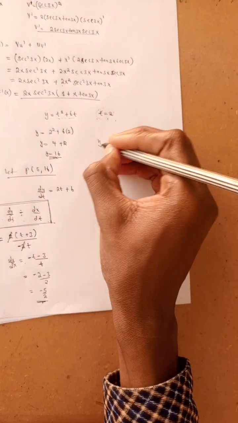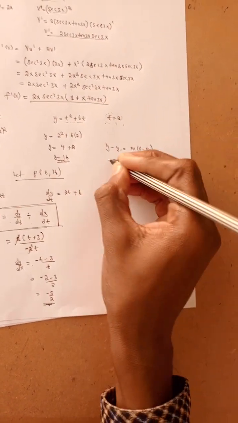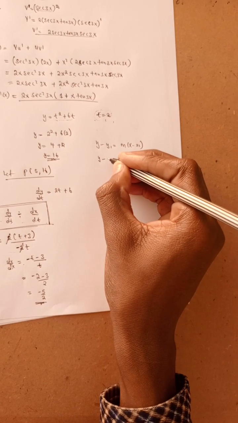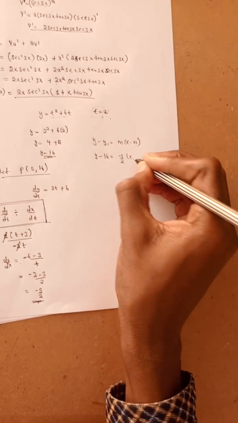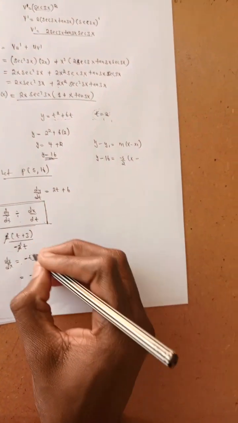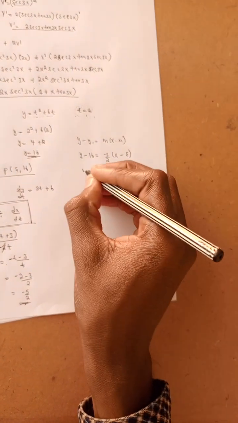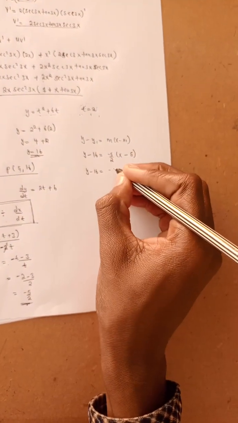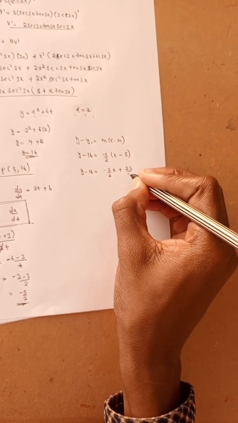So we'll go back to coordinate geometry. I hope you remember this equation. Our y1, we had 16, the gradient, x1, what's our x1? Our x1 we have 5. Yeah, y minus 16 equals negative 5 over 2 x minus 5, which is negative 5 over 2 x plus 25 over 2.